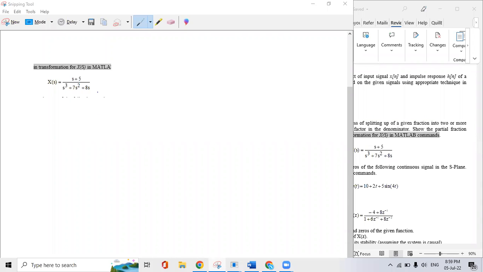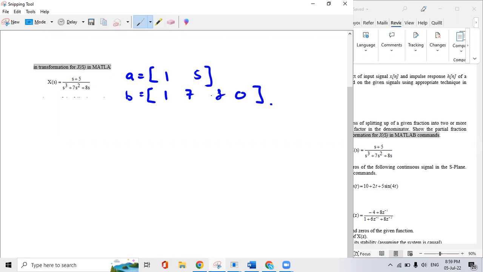Okay, so how do we get the a and b? The doctor can see that in my MATLAB code, I'm getting a equal to 1, 5, and my b equal to 1, 7, 8, 0.